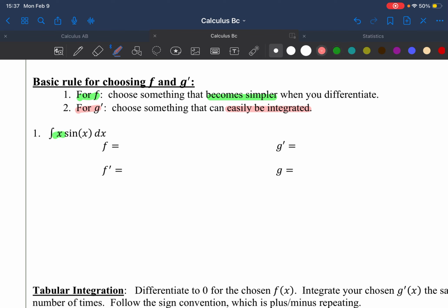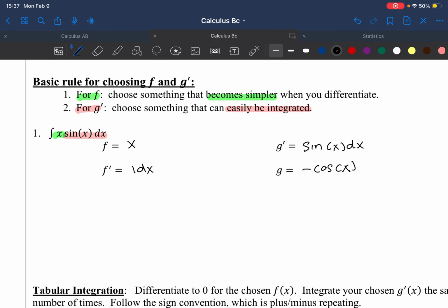And our g prime, something that's easy to integrate, would be sine of x dx. Okay, so for f, I said this is x. When I take the derivative, this is 1 dx. g prime is going to be sine of x dx. And if I integrate this, I get negative cosine of x.